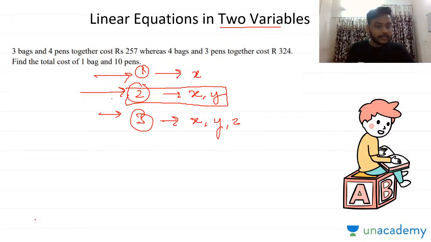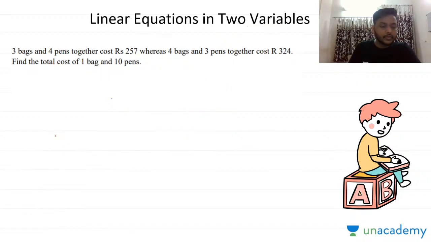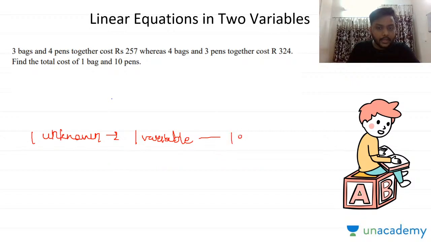So guys, understand one thing. Always remember for the lifetime that whenever you have one unknown, which means I'm talking about one variable, and when there is one variable, to find out that variable you only need one equation.